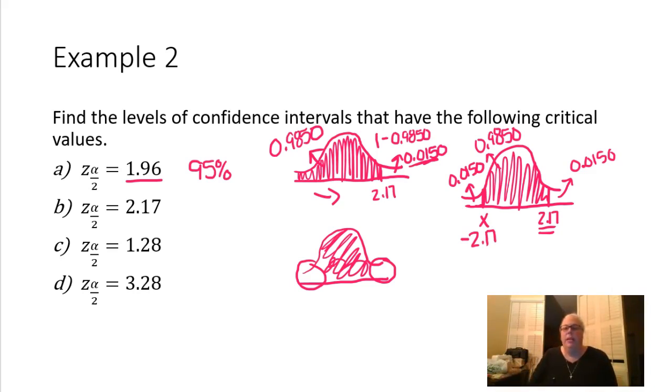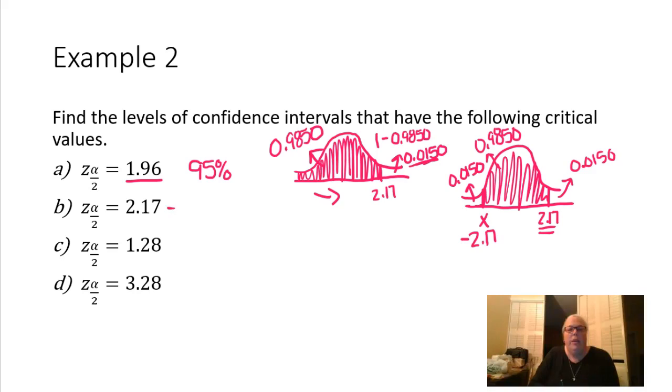Okay, now I didn't ask you for that, but that is what that one right there is going to be. Okay, so now that I have taken this piece of area away right here, we're stuck with trying to figure out, well, what is the value z sub alpha over 2 for the z-score 2.17?